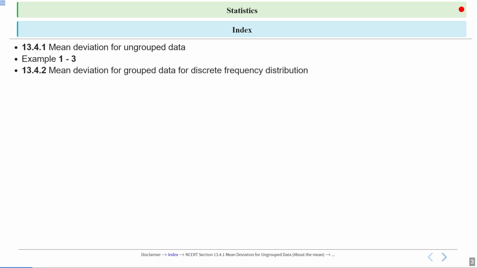Next, we move on to mean deviation for grouped data, specifically for a discrete frequency distribution. Finally, we will look at examples 4 and 5. So make sure you are with your notebooks and pens ready. So let's get started.